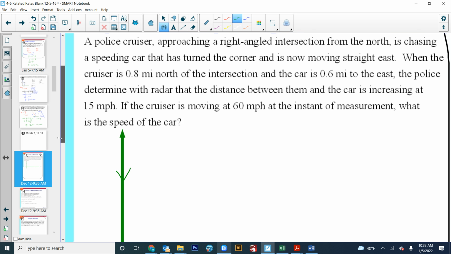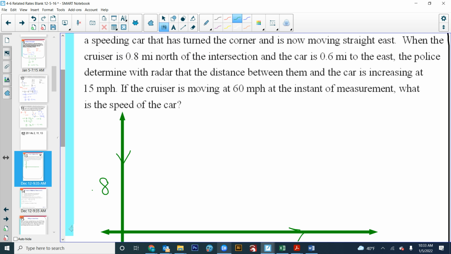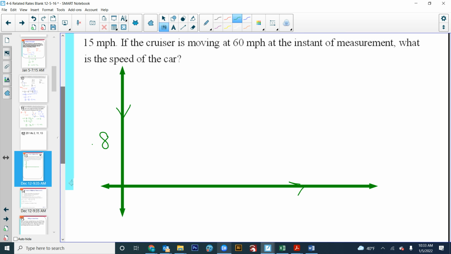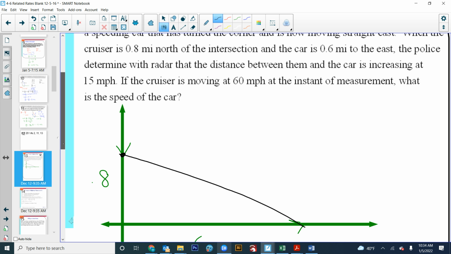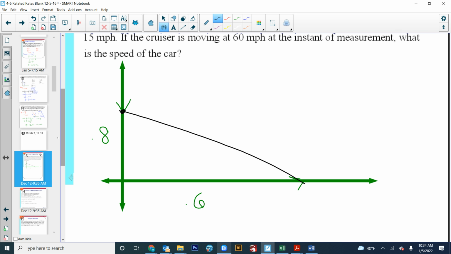When the cruiser is 0.8 miles north of the intersection and the car is 0.6 miles to the east, it is determined with radar that the distance between them and the car is increasing at 15 miles per hour. So if I called this Z, dZ/dt is increasing, positive, at 15 miles per hour.